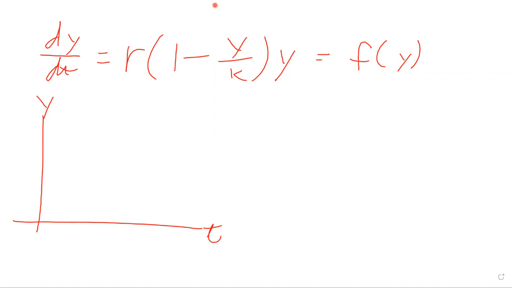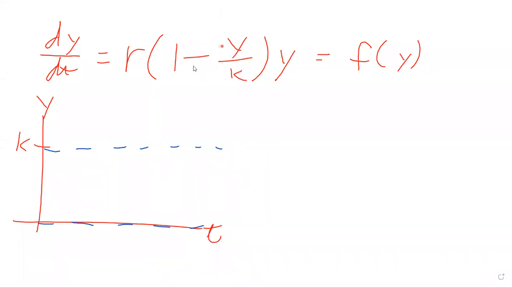So for example, if we pick our y value to be k, our whole equation becomes 0. So we'll have slopes of all 0 there, which is what we saw. Same thing with 0. We have slopes of all 0. If you pick a value that's bigger than k, then this thing will be bigger than 1.